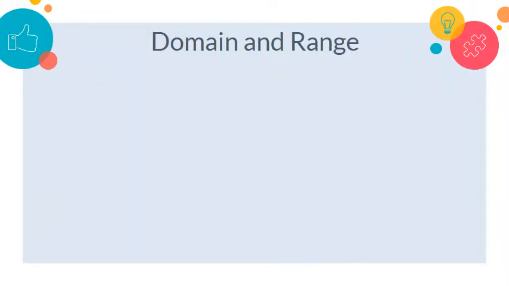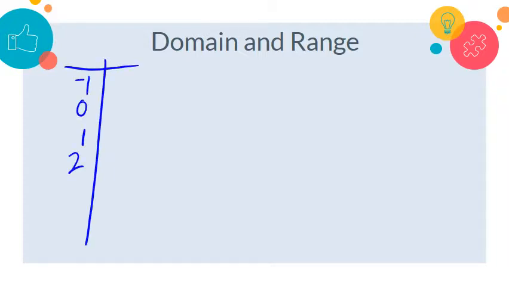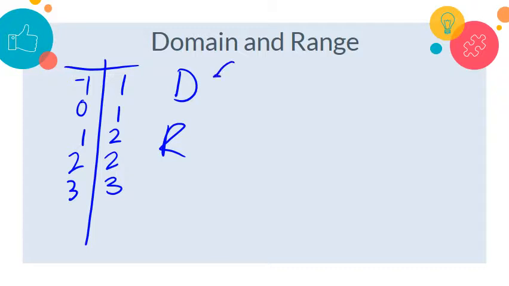Okay, domain and range from a set of points. If I gave you a table and we said that relation was a function, there are no repeating x's, that's our goal, and we wanted to state the domain and the range. There were three things we had to remember. First of all, squiggly brackets.